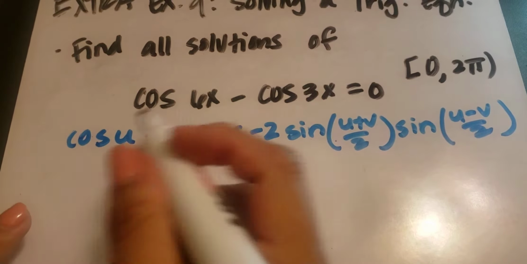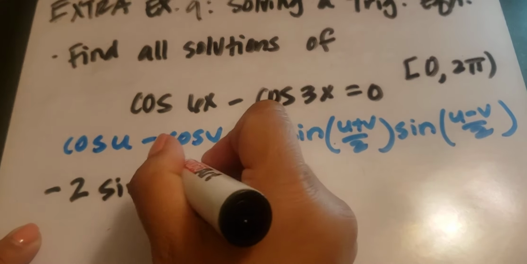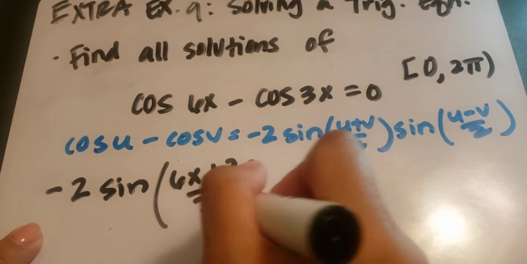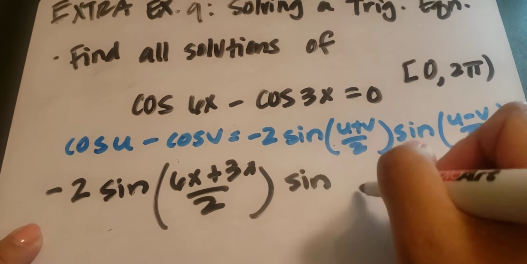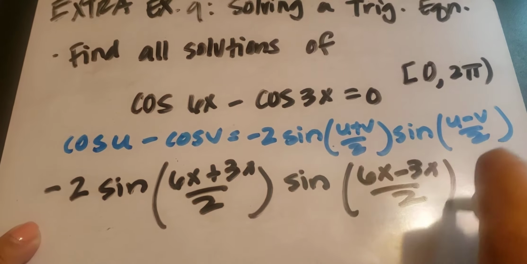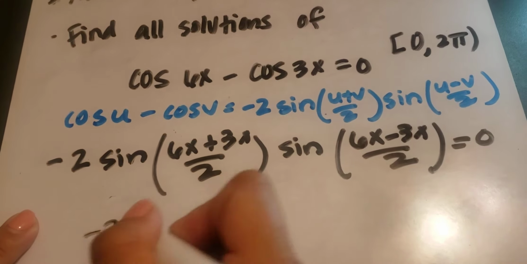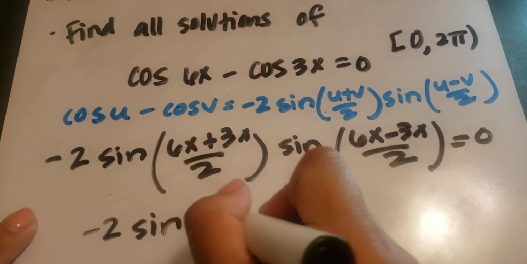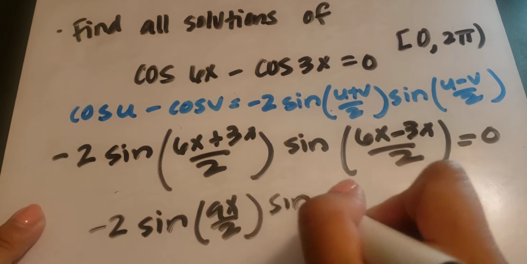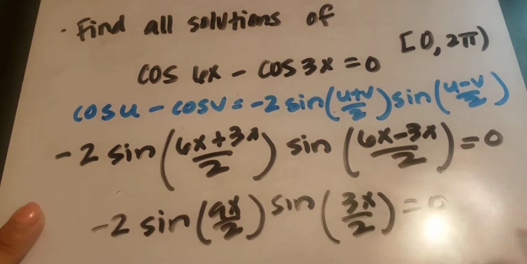So here we go. We should have -2 sine of (6x plus 3x)/2 and sine of (6x minus 3x)/2 equal to 0. And then this will simplify to -2 sine of 9x/2, and just leave it as a fraction, sine of 3x/2 equal to 0.